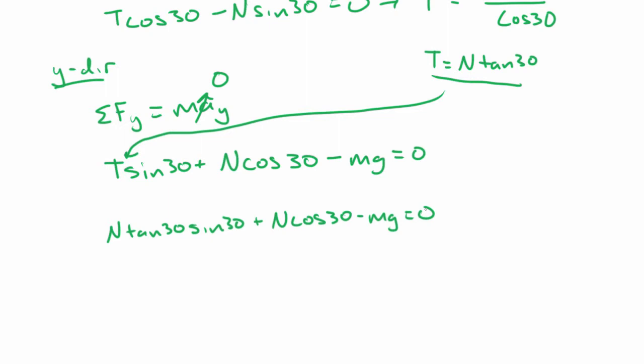All right, and I can solve that now. I've got one unknown n. Tangent of 30, sine of 30, cosine of 30, those are just numbers. And mg, if you remember back to the original problem, is just 77 newtons. So I can solve that. If you go ahead and solve that for n, you should get something like 66.7 newtons.